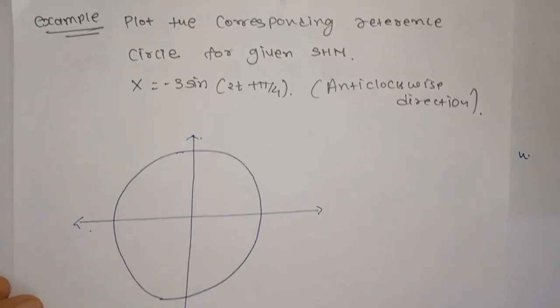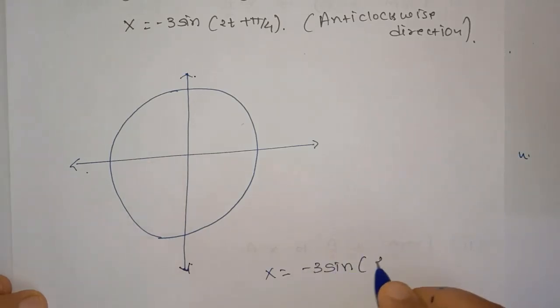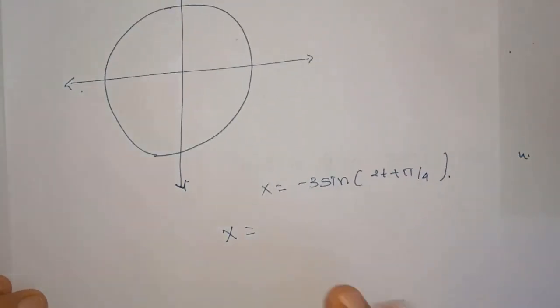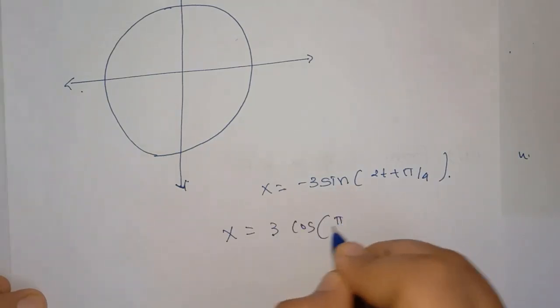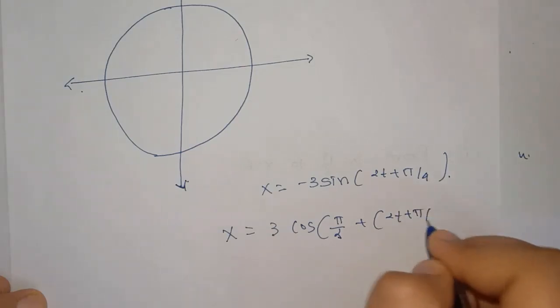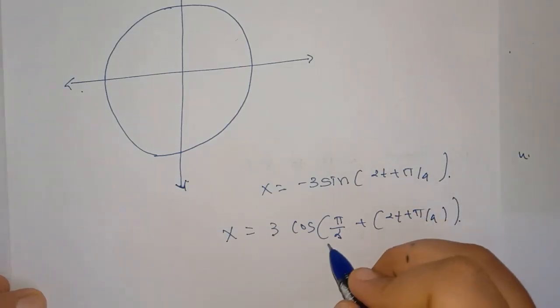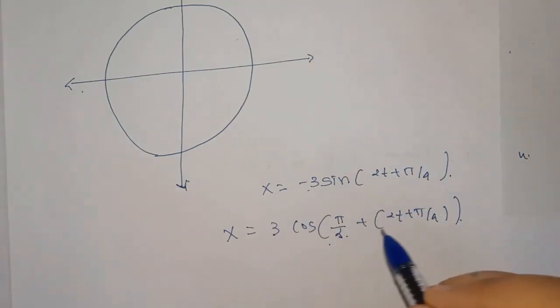Here we can write x is equal to minus 3 sine of 2t plus pi by 4, as x is equal to 3 cos of pi by 2 plus 2t plus pi by 4, because cos of pi by 2 plus theta will be minus sine theta.